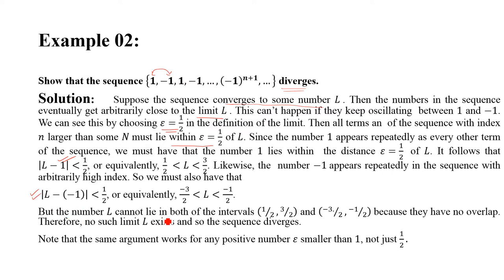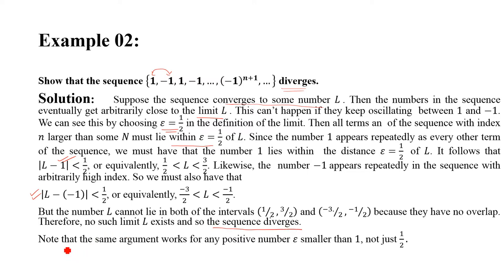But the number L cannot lie in both of the intervals (1/2, 3/2) and (-3/2, -1/2), because they have no overlap. Therefore, no such limit L exists, and so the sequence is a divergent sequence.